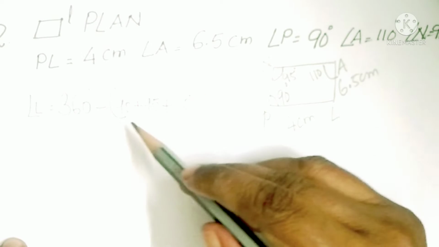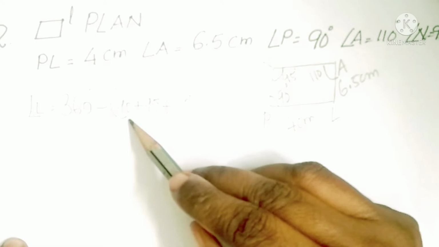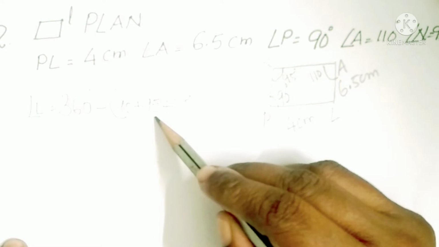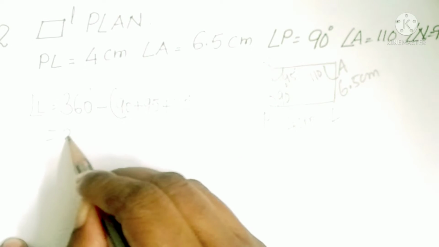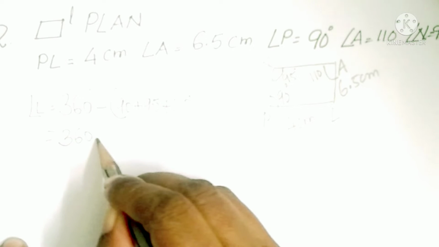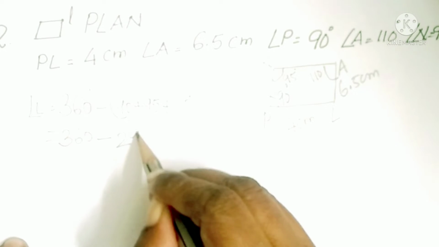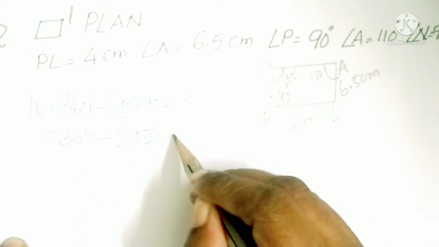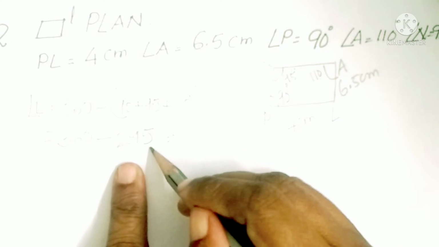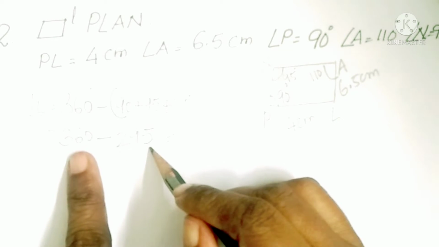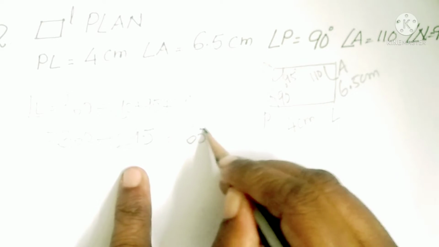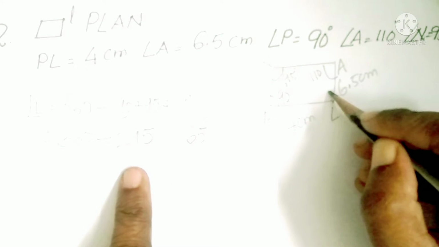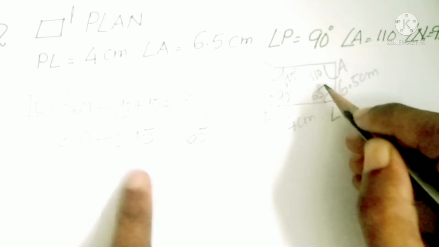So, 110 plus 90, 200. 200 plus 95, 295. So, it is equal to 360 minus 295. See, 295 plus 5 is 300. 300 plus 60, 65. So, total 65 degree. So, this angle is 65 degree.